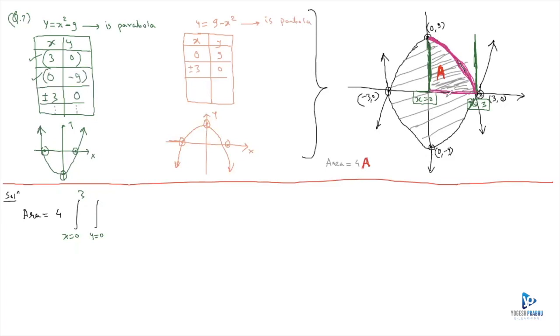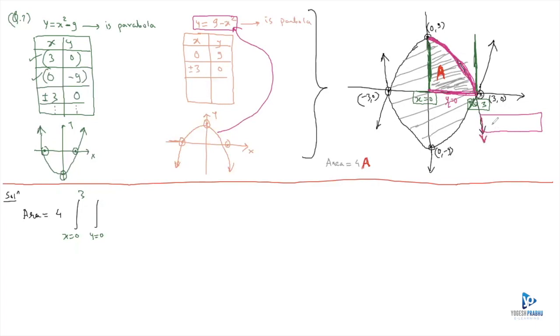Do you see y lower is 0? Because of this line, that's y equals 0. And the upper end is the parabola going downward like this one. And this parabola has the equation 9 minus x squared.